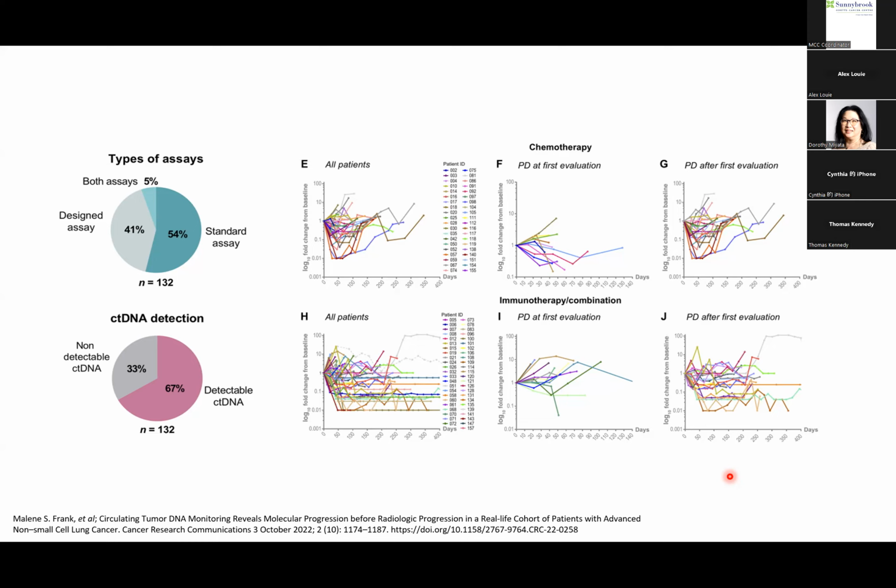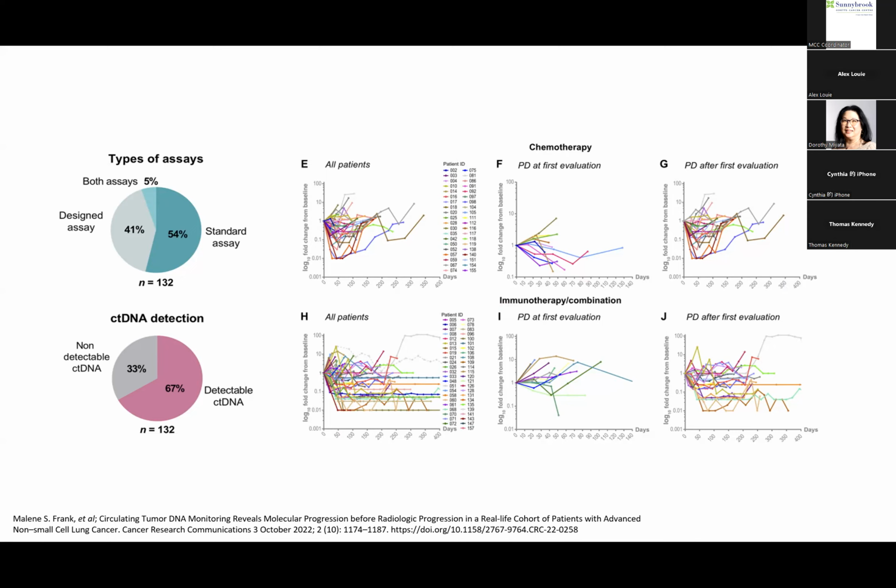Here we can see some curves showing the change in ctDNA concentration in chemotherapy patients above, immunotherapy or combination therapy patients below, total cohort, patients who had early progressive disease, and patients who had late progressive disease.